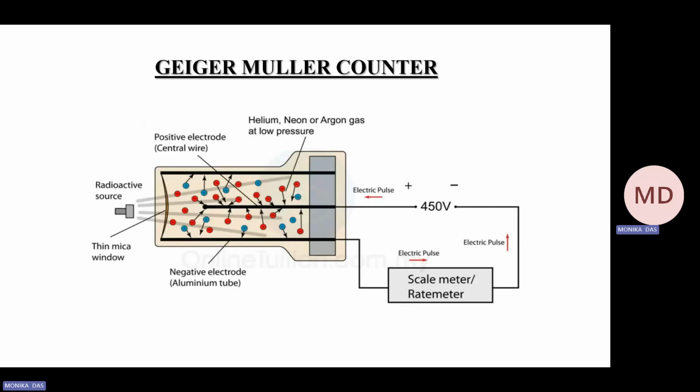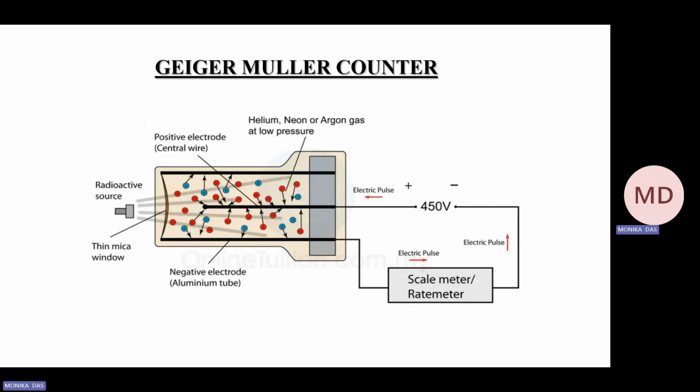The negative part goes to the electrode in the aluminum tube, and the positive goes to the other electrode, and the neutral gets attracted with the gamma ray. So the negative that is attracted is the alpha, the positive is the beta, and the neutral is the gamma ray.